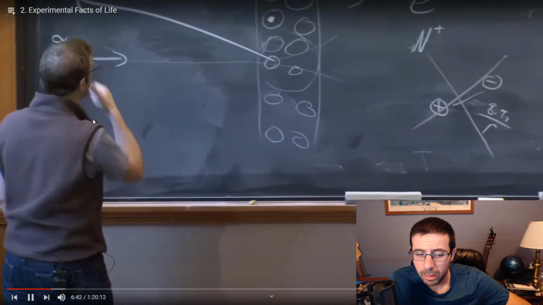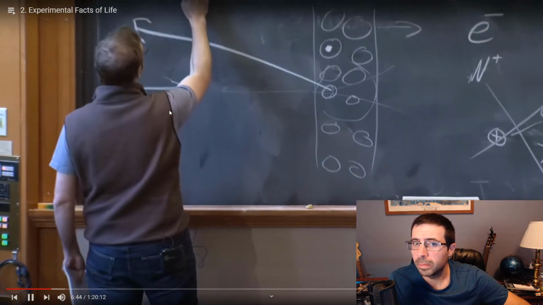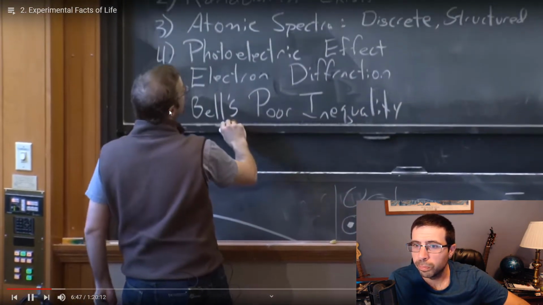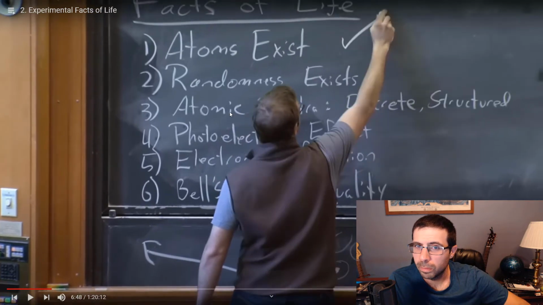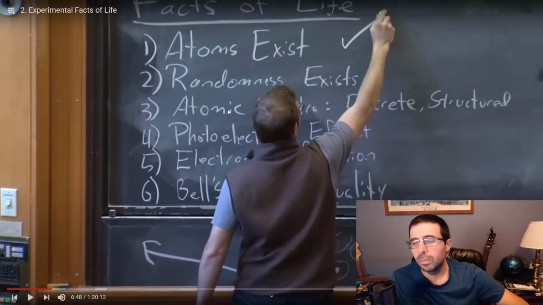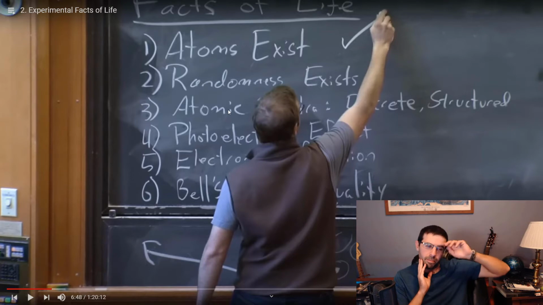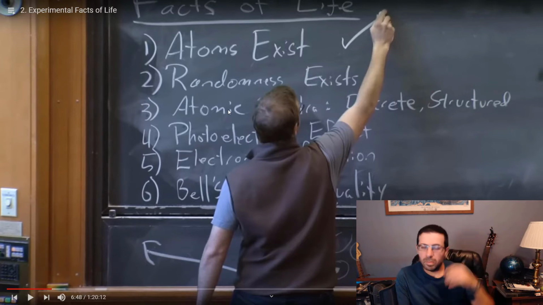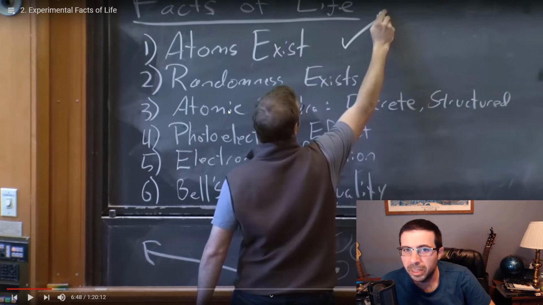Okay, so in classical mechanics, atoms could not exist, and yet atoms exist. So we have to explain that. That's the conclusion we're drawing.